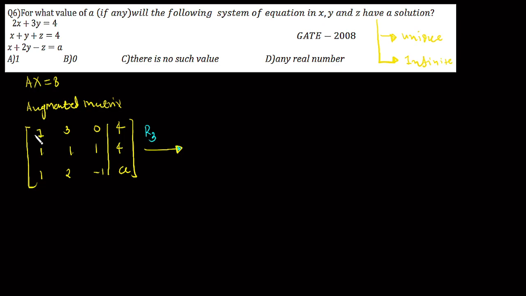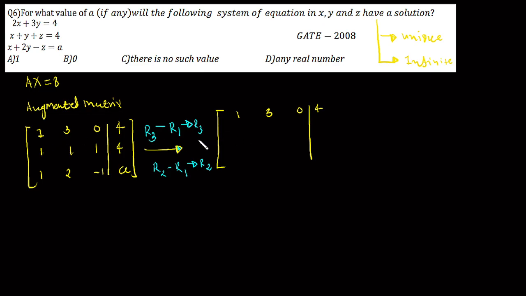Let's subtract the first row from the third one, so R3 minus R1 will make the new R3, and subtract the first row from the second, so R2 minus R1 will make the new second row. Now let's do these two operations. Here the first row will remain as it is.